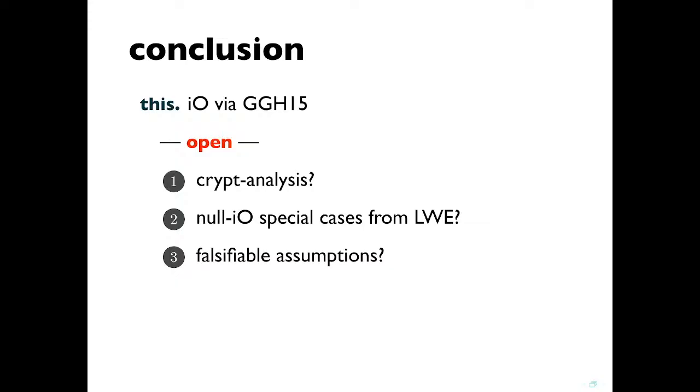To conclude, today we revisited the iO construction based on GGH15 encodings. There's still a lot that we don't understand about this construction. There's still more cryptanalysis work to be done, both in the evasive RWA assumption setting, on the NIO candidate directly, or even on the iO candidate. Or can we do more proofs? Can we prove more special cases of NIO from the LWE assumption?